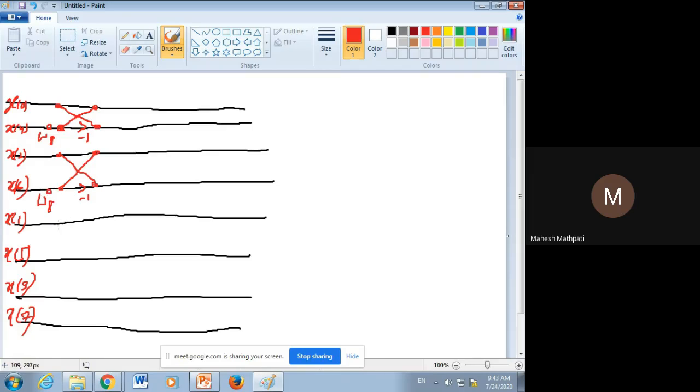In the first stage, we will have 2-point calculation, W8 to the power 0.